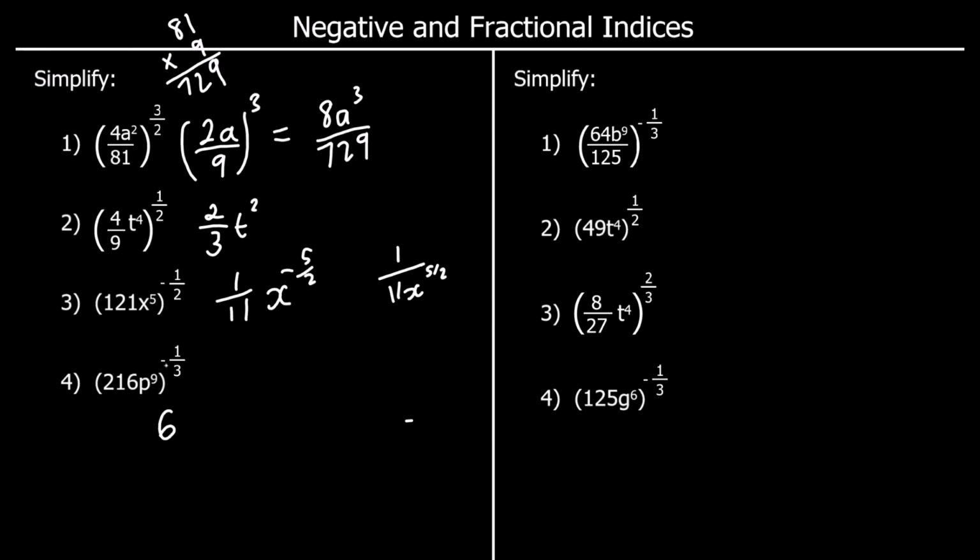So if I cube root it first, a third of 9 is 3. And then flip it, 1 over 6 p cubed. You might also get 1/6 p to the power of negative 3, which is okay as well.